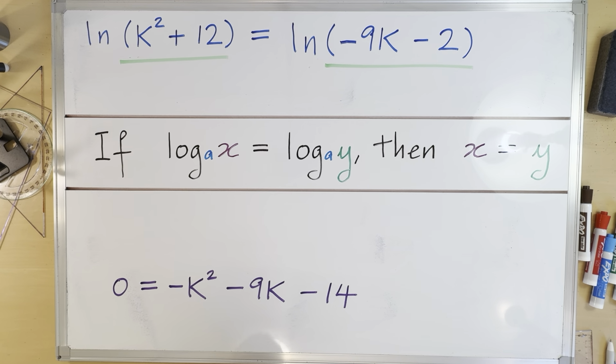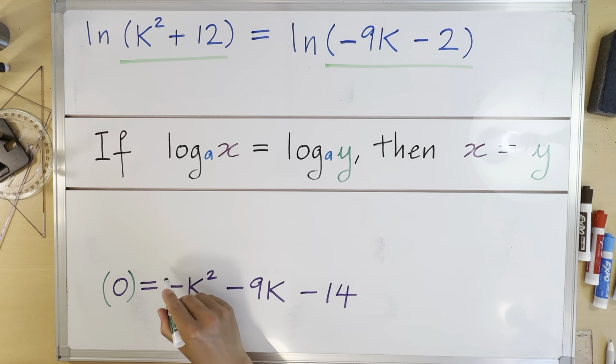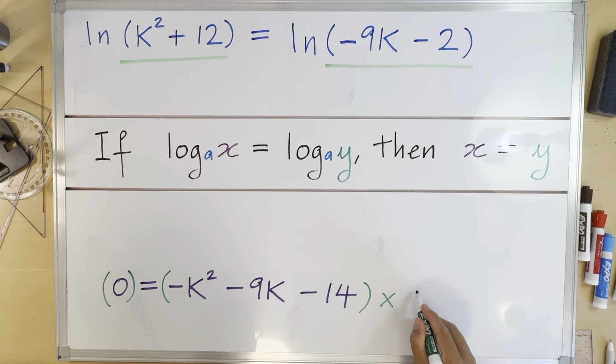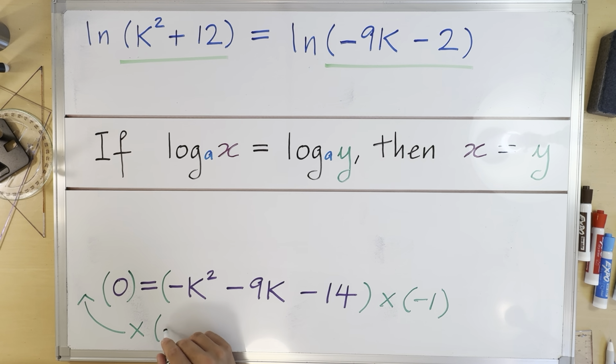And to do that, we will multiply both the left side of the equation as well as the right side of the equation by negative 1.